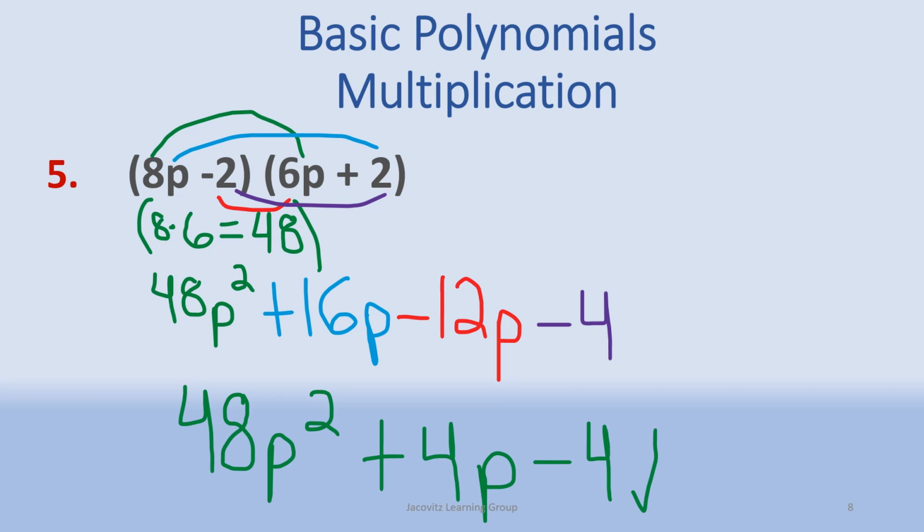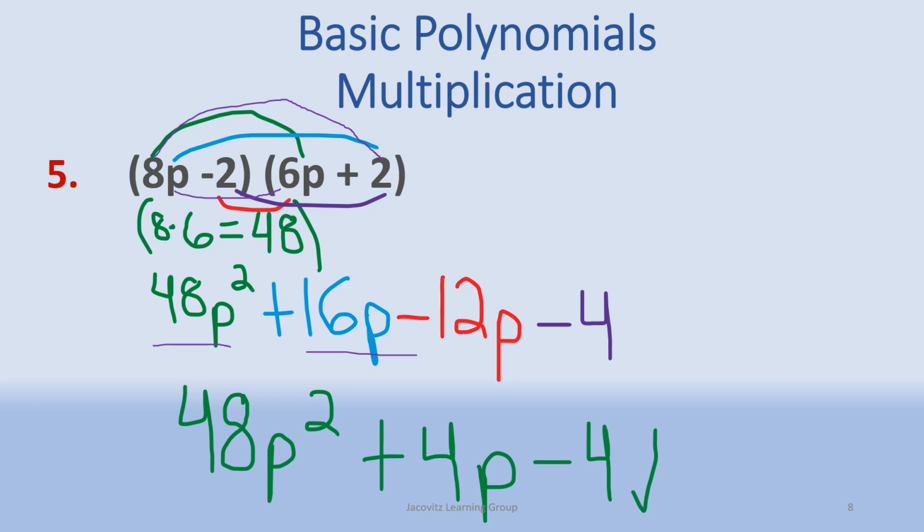Same answer. Okay, here's your negative. 8p times 6p is 48p squared. 8p times 2 is a positive 16p. I'm going to go ahead and erase these now, so if you're going back over it, you look at it for what it is.